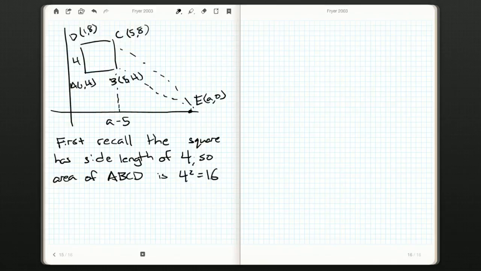Area of a square is you square the side length. That's where the operation of raising something to the power of 2 gets the name squaring. So 4 squared is 16, so we're shooting for a triangle with an area of 16. So we want an area of 16.